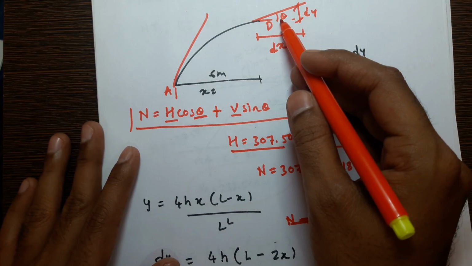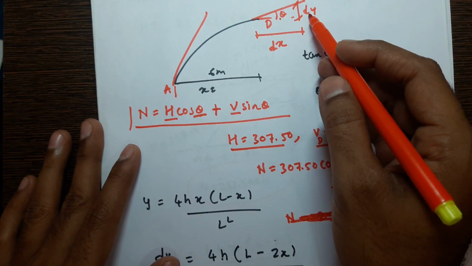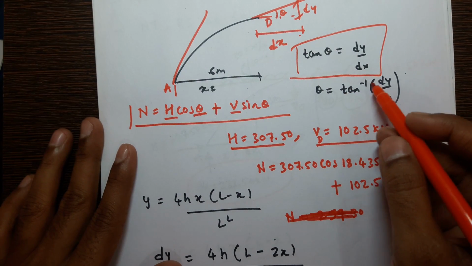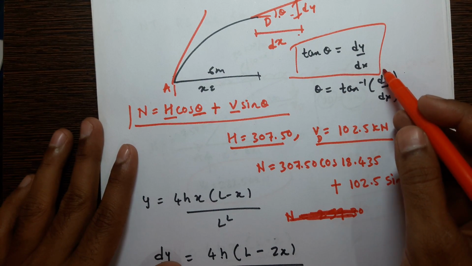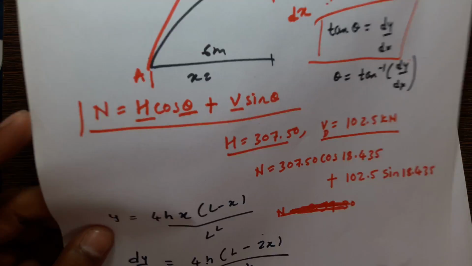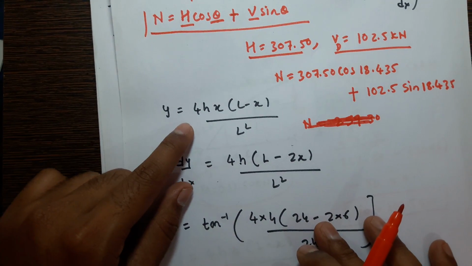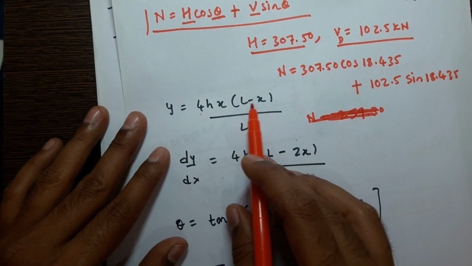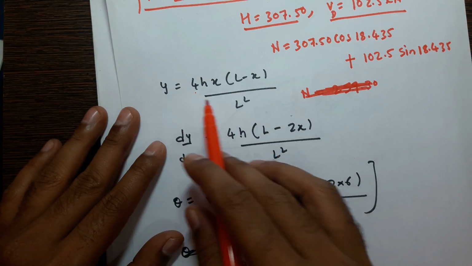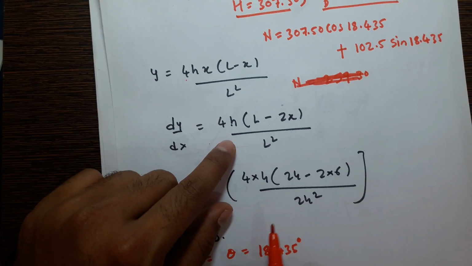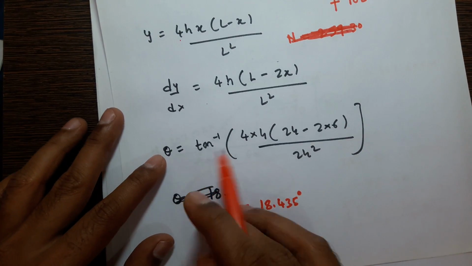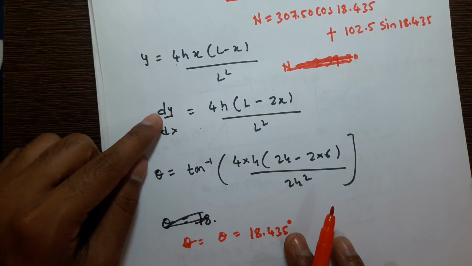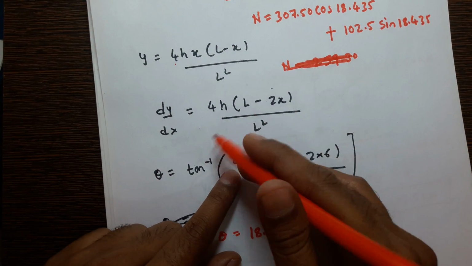How to find this theta? Tan theta equals dy by dx, so theta equals tan inverse of dy by dx. We have to find this dy by dx. We know the formula of y for parabolic arches: vertical ordinate y equals 4hx(L minus x) divided by L squared. Differentiate this with respect to x and you will get dy by dx.